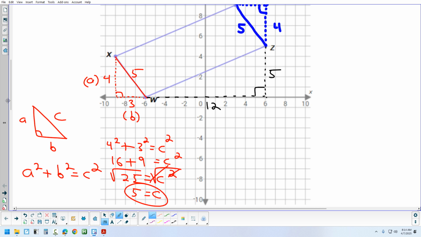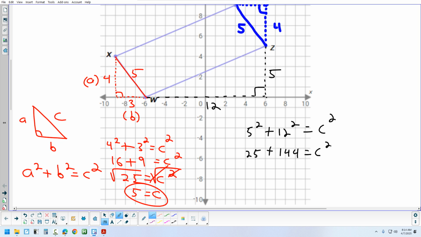Okay. So can someone set up my Pythagorean theorem for me using 5 and 12? Yep. 5 squared plus 12 squared equals c squared. If you square 5, 5 times 5 gives you 25. And if you square 12, 12 times 12 is 144.